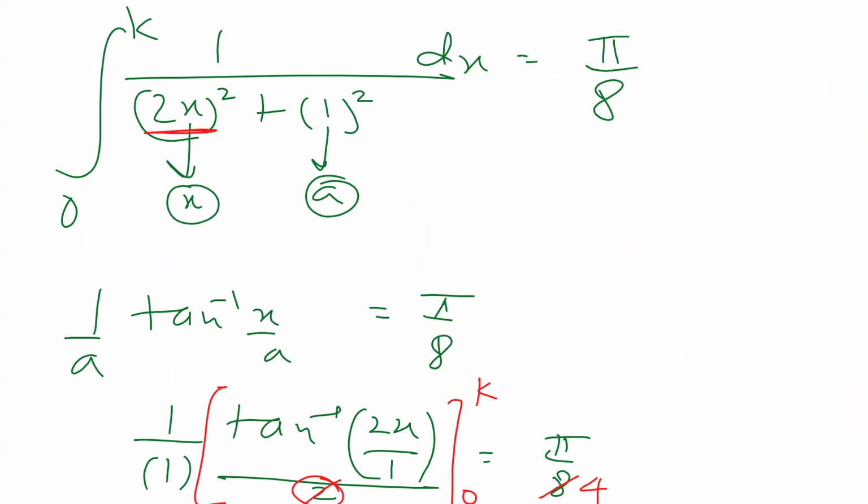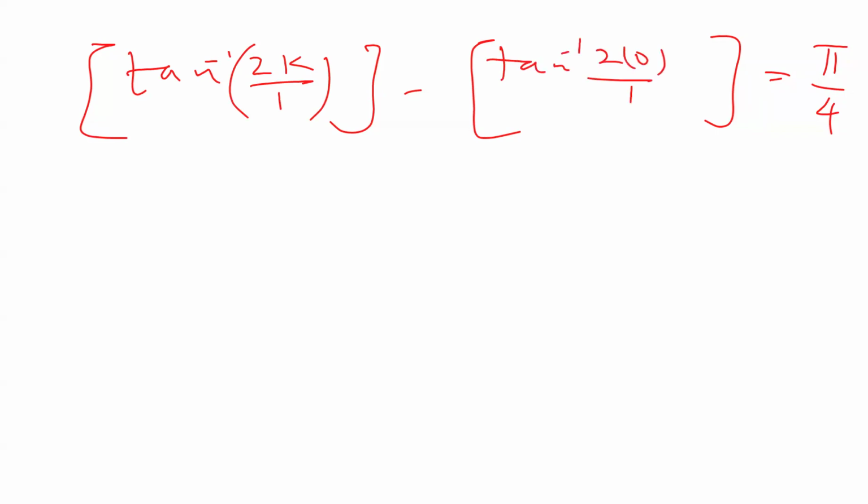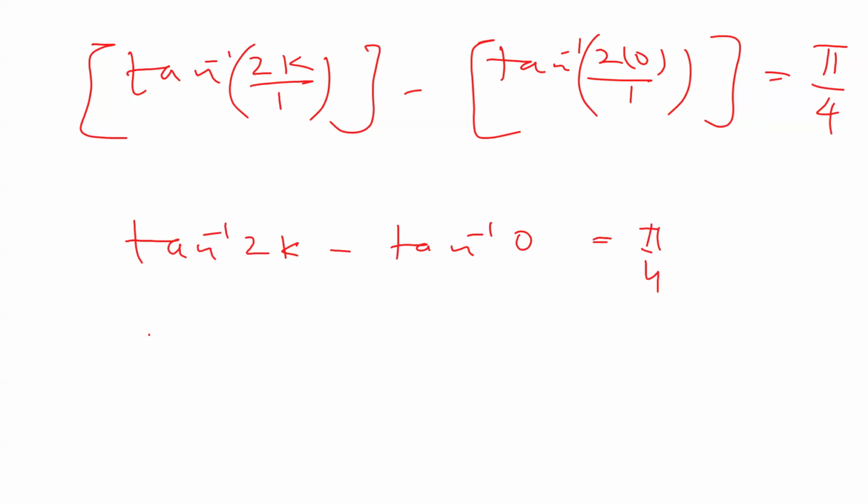Upper limit and lower limit. So tan inverse 2k minus tan inverse 0. Tan inverse 0 is going to be 0. So tan inverse 2k is equal to pi by 4.